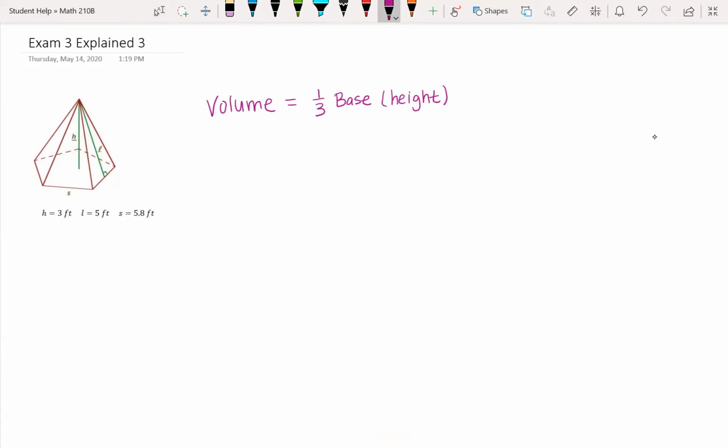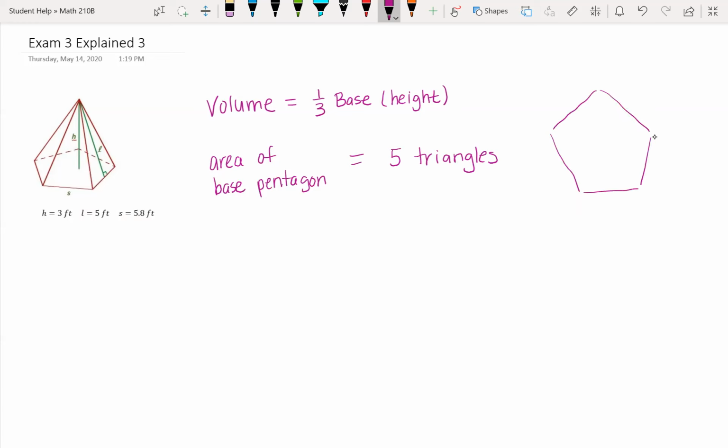So let's find the area of the pentagon. It's going to be 5 triangles, right? 5 smaller triangles. Like this.